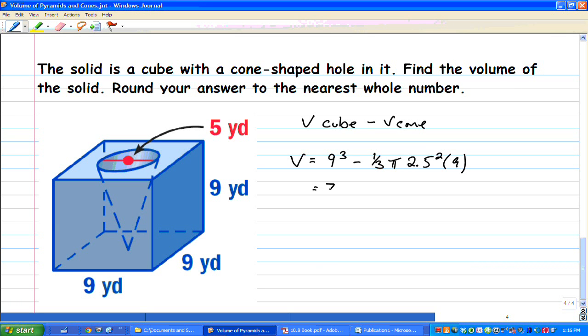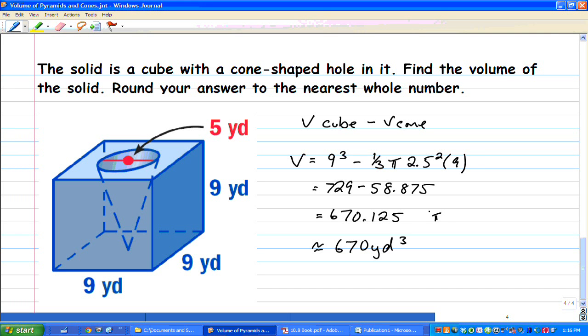First part, 9 cubed is 729, and 729 minus this whole mess, which is 58.875, would be equal to 670.125, which is approximately 670 yards cubed.